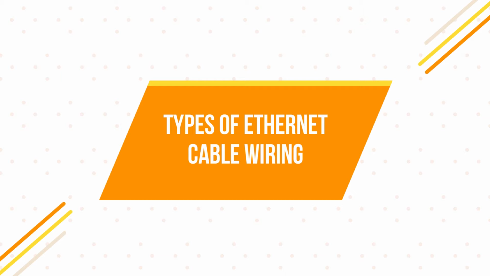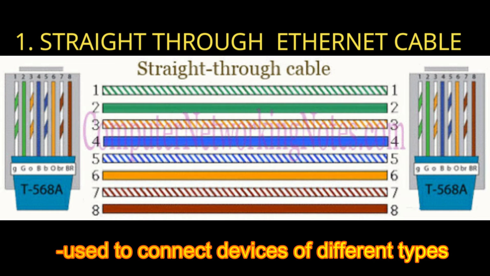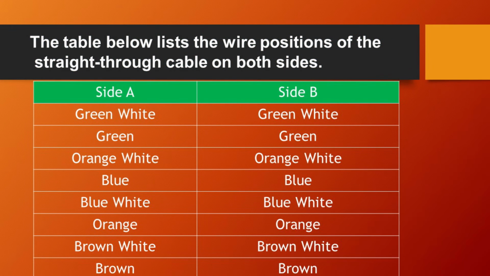There are two types of Ethernet cable wiring. Number one is straight-through Ethernet cable, which is used to connect devices of different types or dissimilar devices. For example, computer to a router. The table on the screen shows the wire positions of the straight-through cable on both sides.